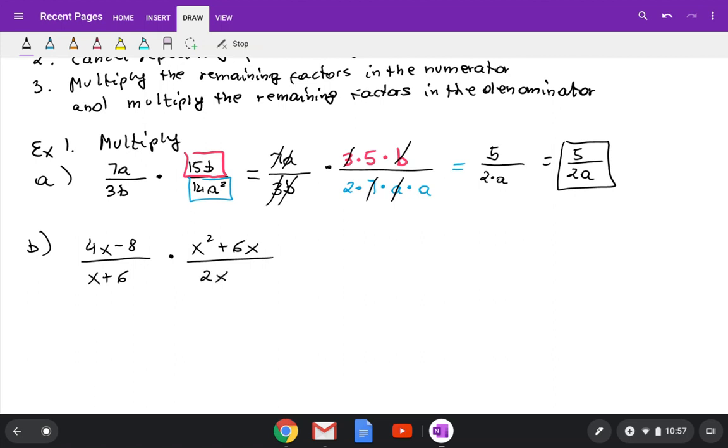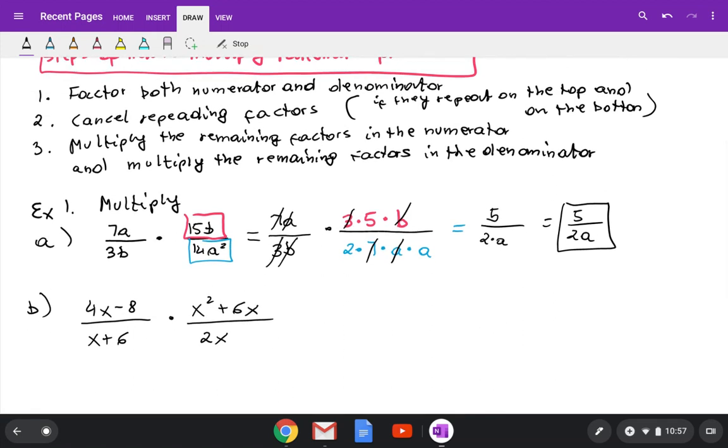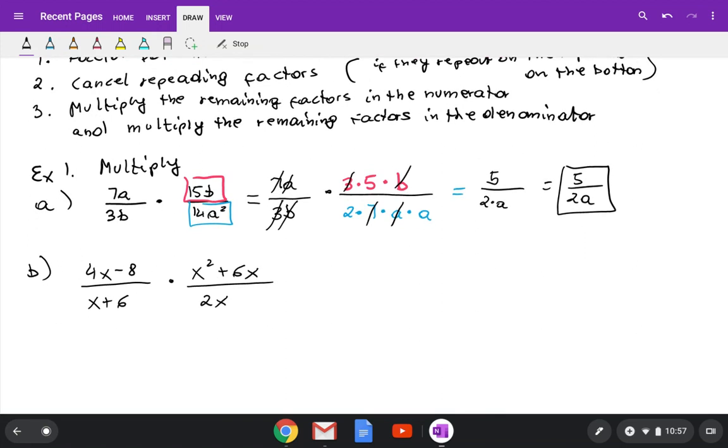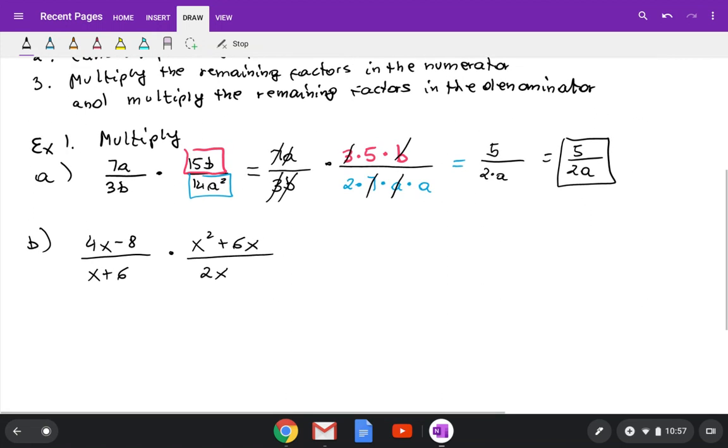So again, I really don't want you to multiply them together. Just make sure that you follow the steps. Step number 1, factor both numerator and denominator. So you need to factor each expression if it's possible to factor.